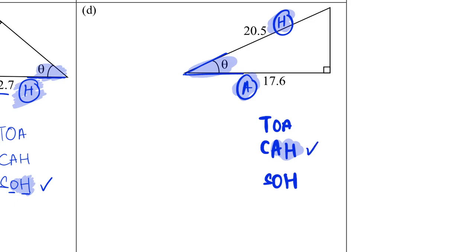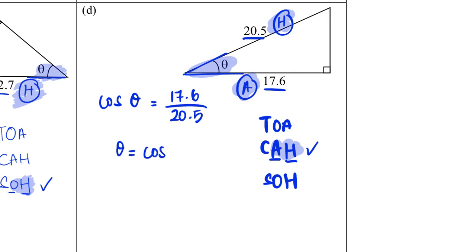Yes, cosine. So you will see cosine of the angle theta is equal to A, 17.6, divided by my H, 20.5. And therefore, to get the angle theta, we will have to use the cosine inverse.